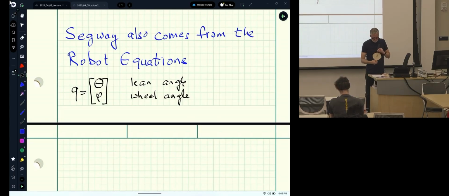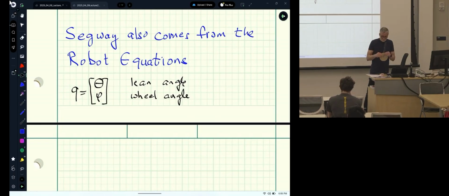Now, how is the angle of the wheel measured? They put an encoder on the axis where the motor is, okay? So that encoder is mounted to the motor, which is mounted to the base, where you're standing. And so it's measuring rotation relative to the body of the Segway.